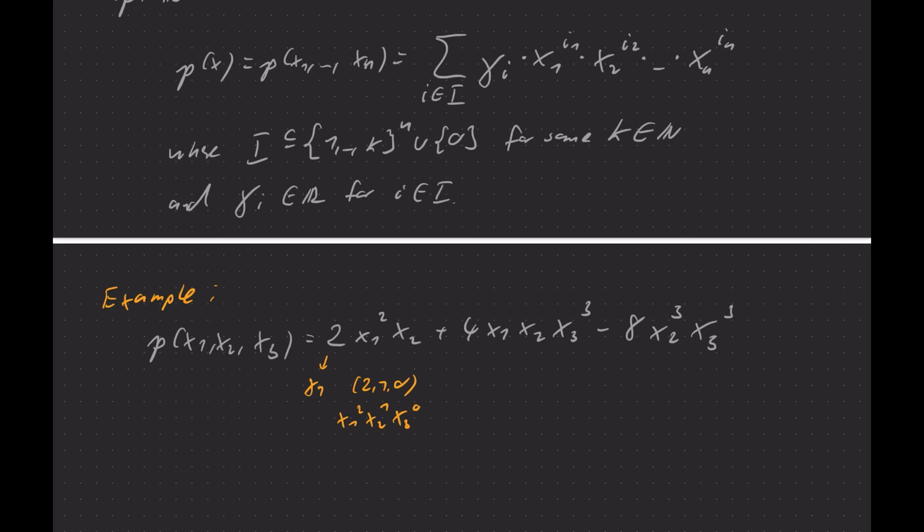Okay, same thing here. This is again the gamma. The I in this case is 1, 1, 3. And for the last one, the minus 8 here, that is gamma, and the I in this case is 0, 3, 3. Okay, so that's how this general definition can be applied.